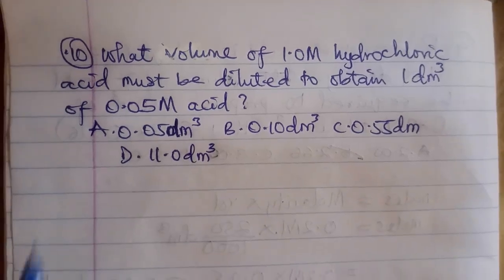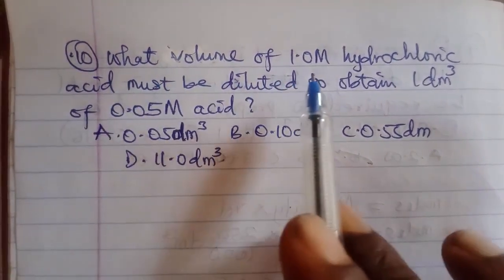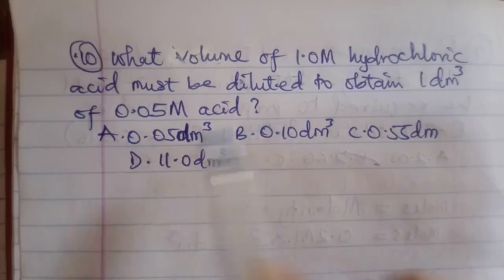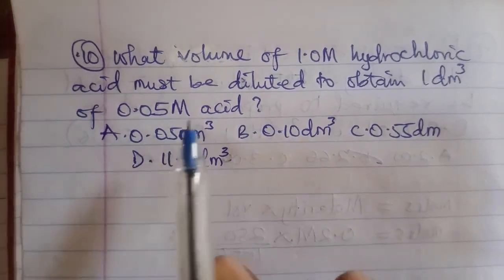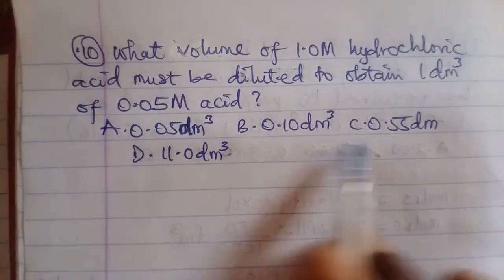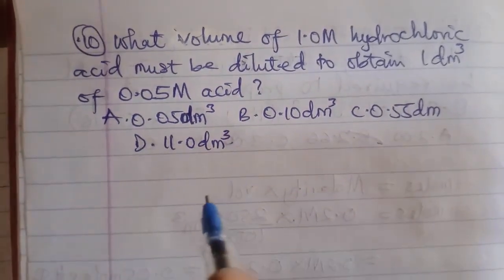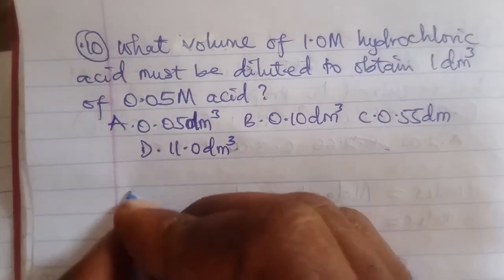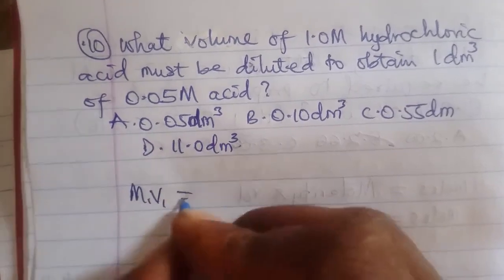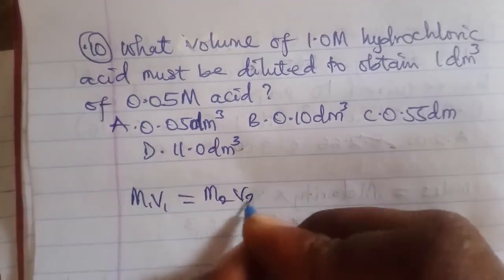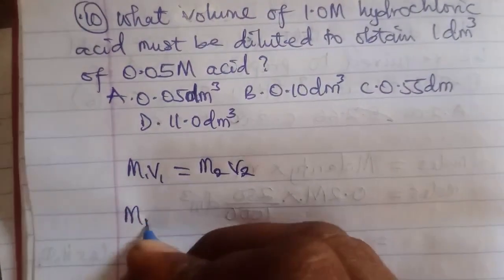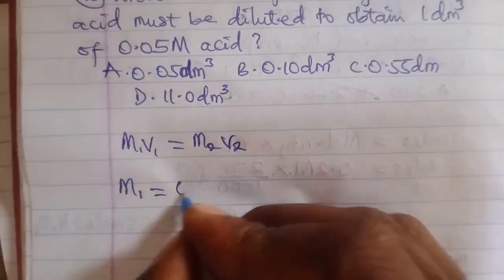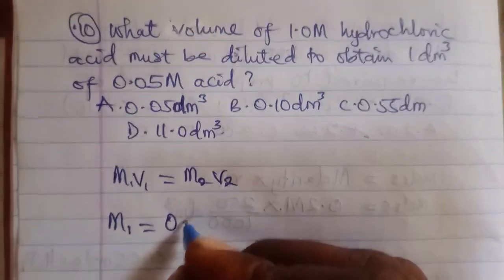Also, this question says, what volume of 1.0 molar hydrochloric acid must be diluted to obtain 1 dm cube of 0.05 molar acid? Now these are the options. This is a problem in standard dilution. So we can use the dilution law that says that M1 V1 is equal to M2 V2. Now the M1 here is the molarity of concentrated solution, which is given to us in this question as 1.0 molar.